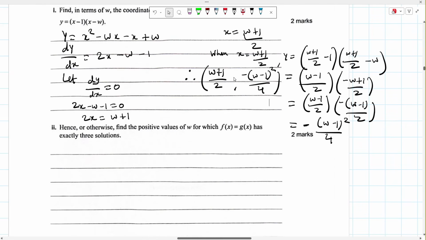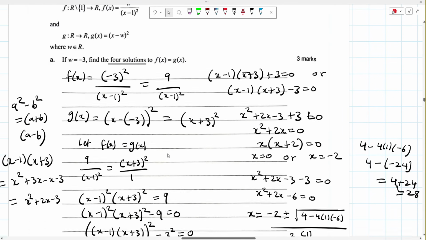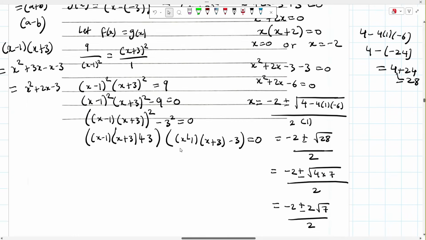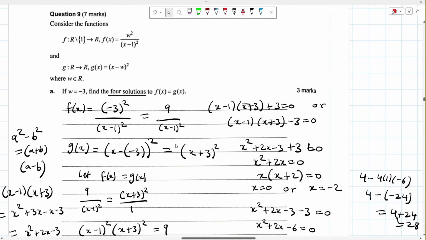Okay, hence or otherwise, find the positive values of w for which f of x is equal to g of x has exactly 3 solutions. Now that's kind of tricky, right? Let's find the rule of f of x again. It's going to be w squared over (x minus 1) squared.